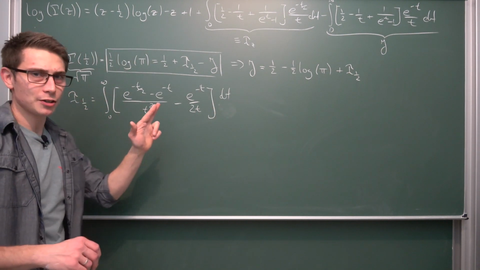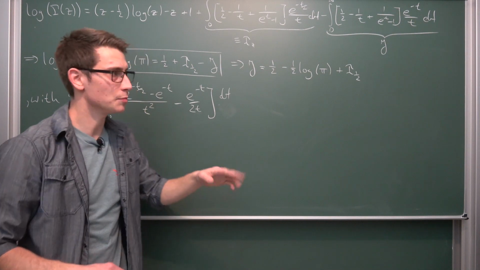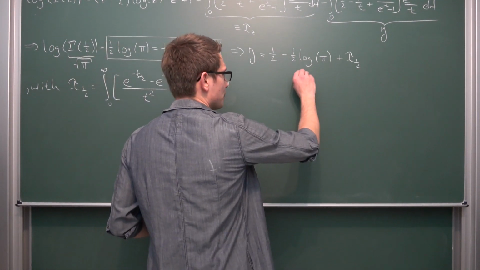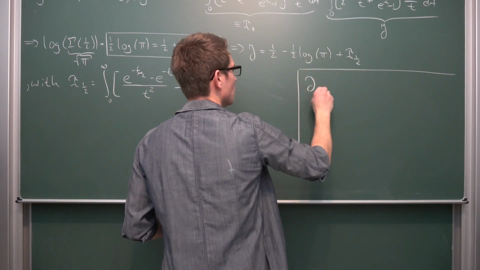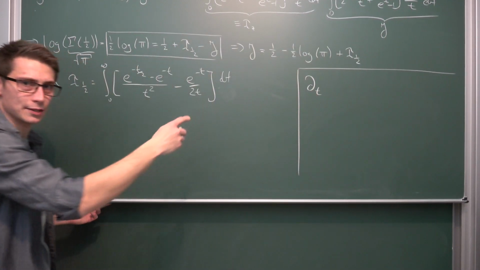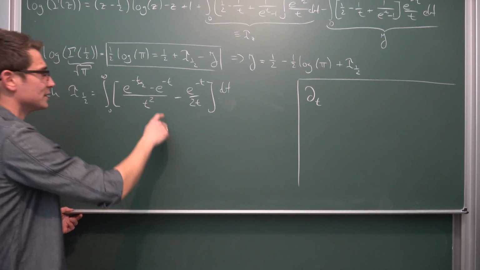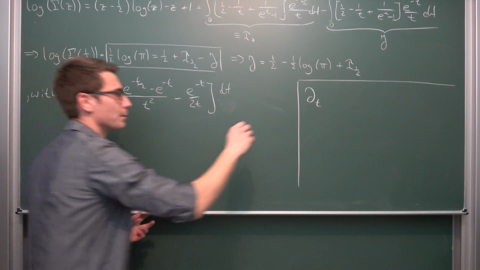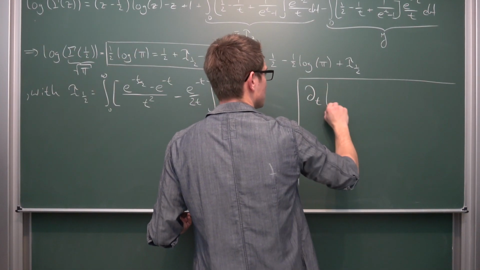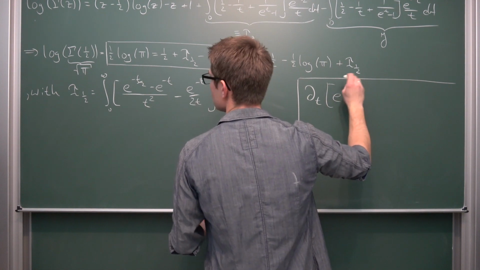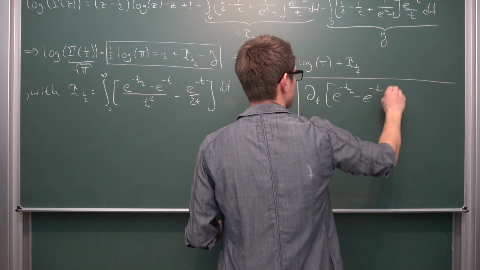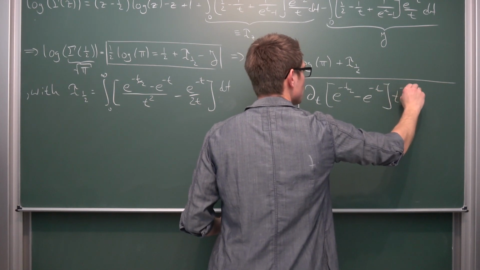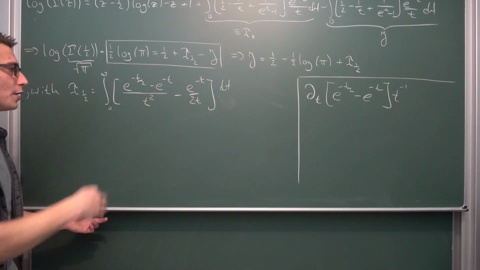Now exponential functions preserve themselves, meaning if we were to take a look at the quotient rule with respect to t, differentiating with respect to t, basically what we got up here in the numerator, so e to the negative t over 2 minus e to the negative t, and all of this times t to the negative 1th power, or 1 over t.